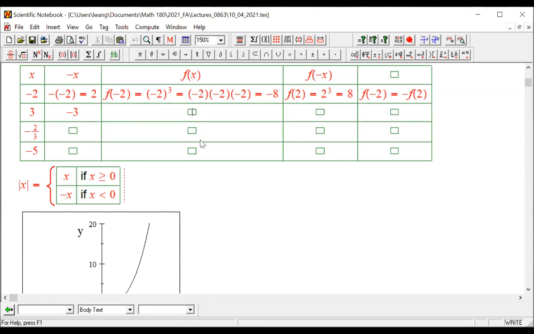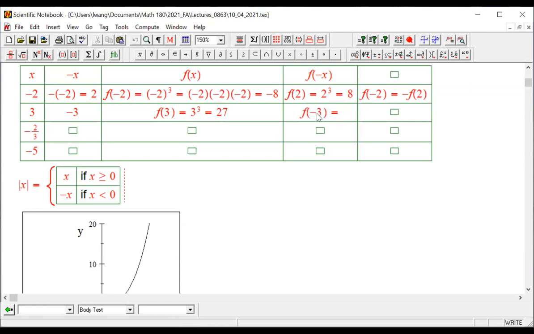So f of 3. Okay, I assume you guys have finished. So that's going to be 3 to the power of 3, right? And that's 27. And this is going to be f of negative 3.